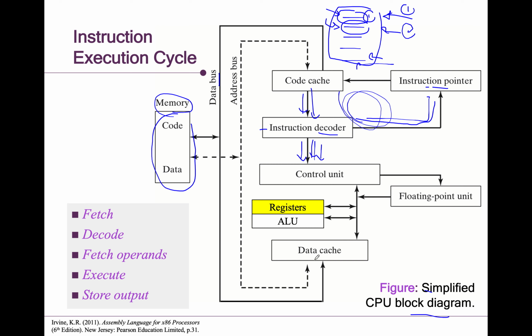So inside your CPU you have the control unit, you have the registers and ALU. In your control unit, what is going to happen is you're going to send it depending on whether it is a floating point unit.